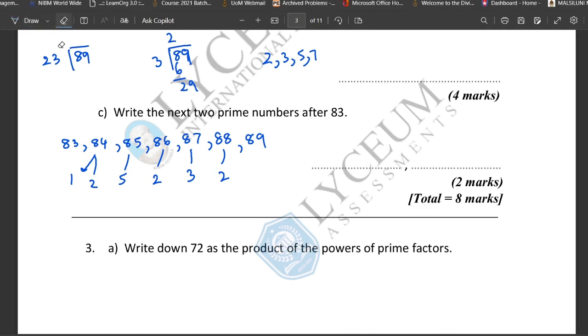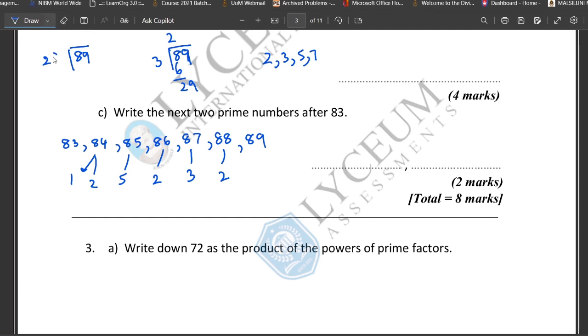That's not. 24, 25 is not. 26 is not, 27, 28, 29.